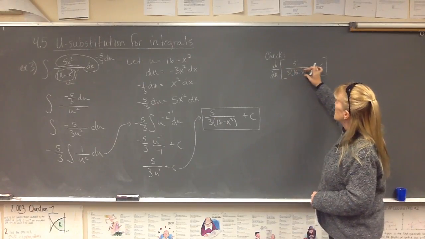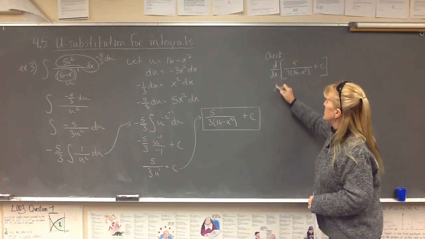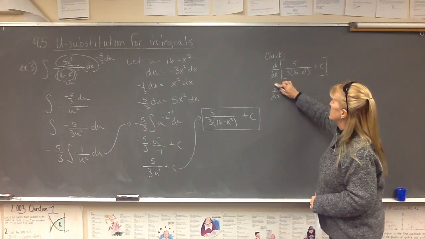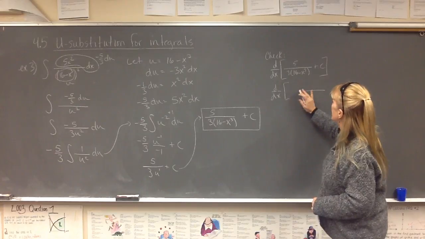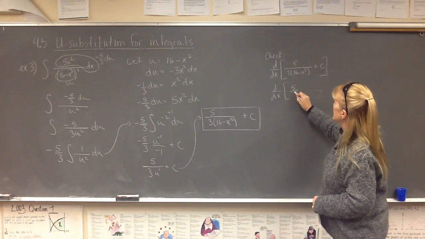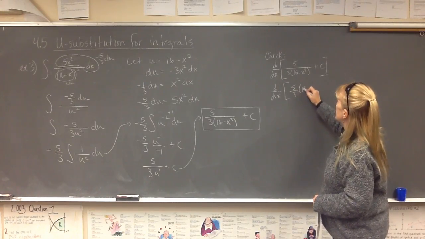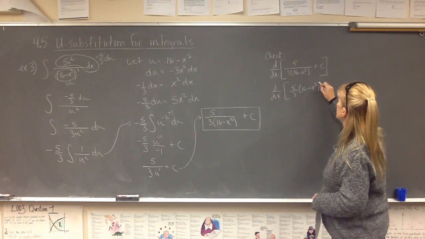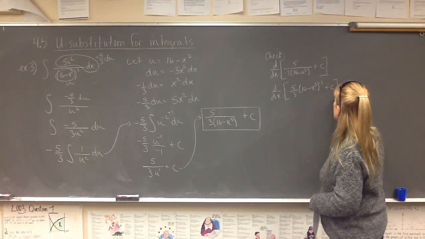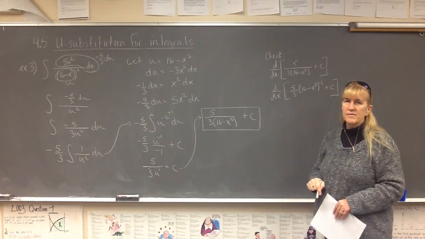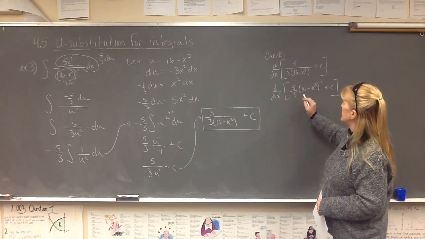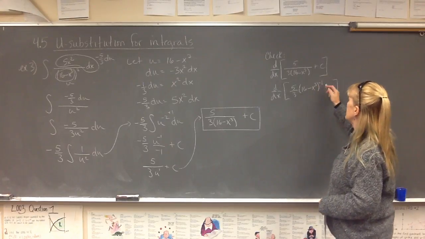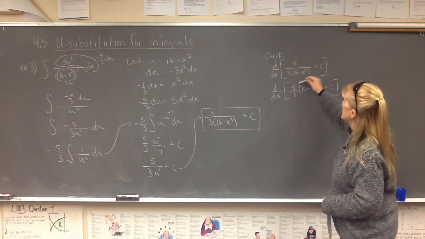So I will take this quantity and raise it up. So I'm just going to rewrite my question for a moment. And this will be, matter of fact, I'll keep my 5/3 to the side. And I'll just say 16 minus x cubed to the negative 1 plus c. And now I'll take this derivative. These are logically equivalent to each other. So when I take the derivative of 5/3, 16 minus x cubed to the negative 1, this negative 1 comes out and multiplies.